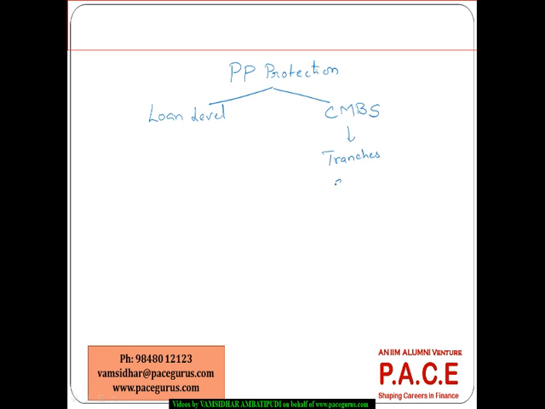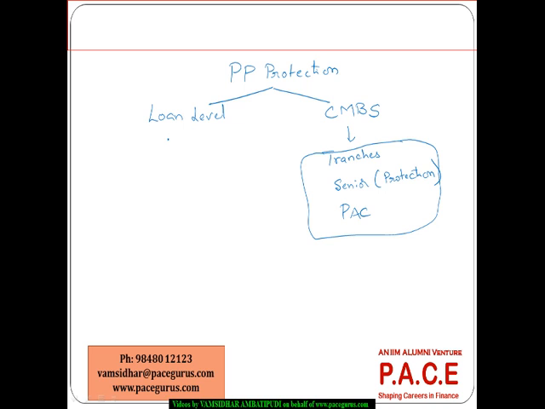So at least for the senior tranche, there is a lot of protection built into it. Any prepayment that occurs beyond a decided range could very well be passed on to the subordinate tranches and vice versa, just like the PAC tranche we have seen in the case of a residential mortgage. The tranches in the CMBS structure can very well be designed in such a way that the senior-most tranche is completely protected from prepayments.